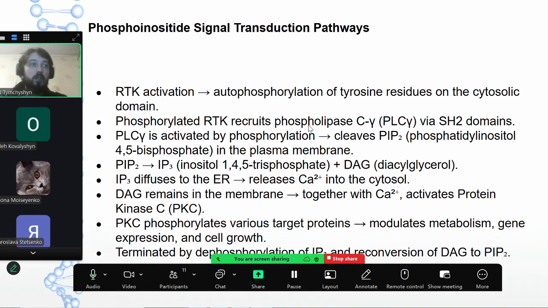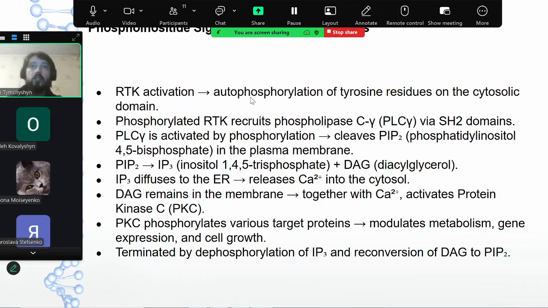Here is a little bit more about phosphoinositide signal transduction pathways. Here you see that RTK activation leads to autophosphorylation of tyrosine residues, and everything I showed you, the transformation of phosphatidylinositol bisphosphate into inositol trisphosphate and diacylglycerol. IP3 diffuses and releases calcium into the cytosol.